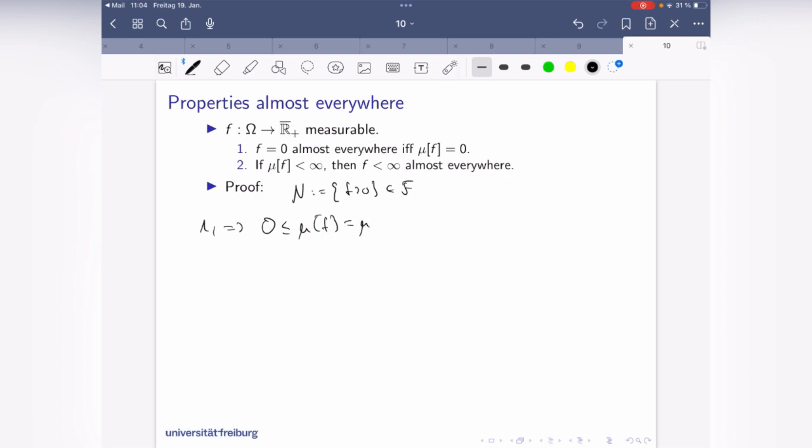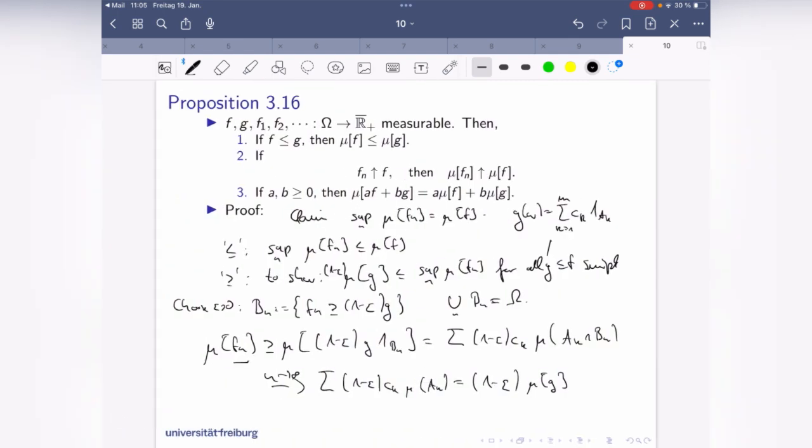Here I can write that's the same as the integral of f, because on the null set N, f is 0 anyway, and f times the indicator function of N is the same as f itself. I have this here: if f_n grows to f, then the integrals converge.